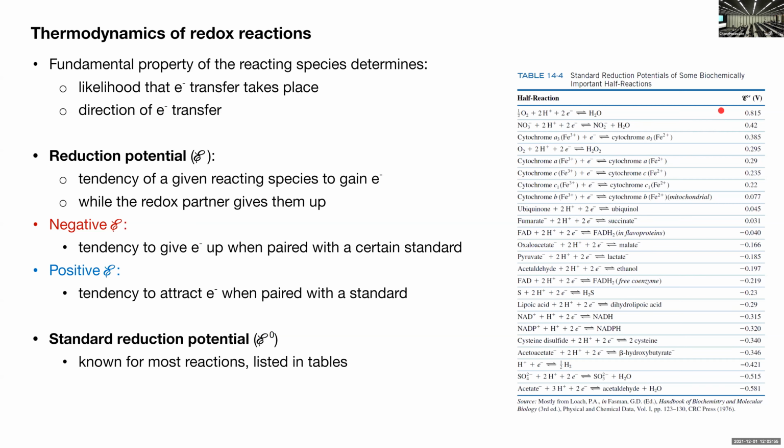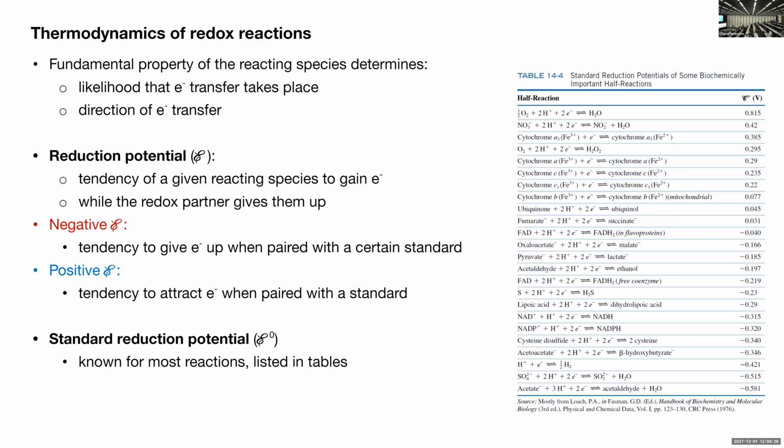And you can see these numbers that are positive or negative on this table. A negative E reduction potential means that it has a tendency to give up the electrons when paired with a certain standard reaction. And again, giving up the electron, is it reduction or is it oxidation? It's oxidation, right?